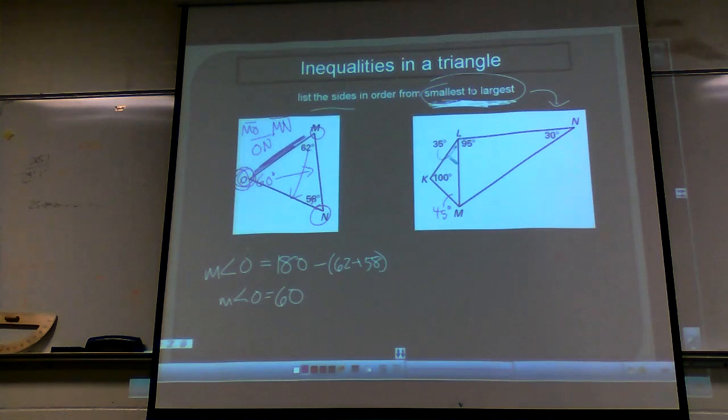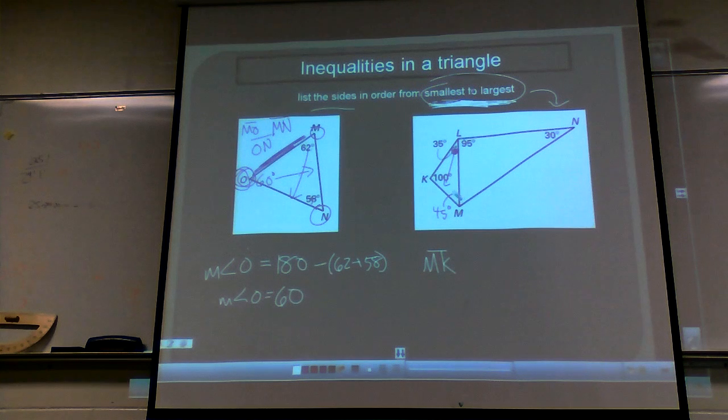Then I would go, okay, this is my smallest angle, correct? So that side is opposite, so I know MK is the smallest side, right? Because it's opposite the smallest angle. And I know it's the smallest side overall because it's the smallest angle in the smallest triangle I'm dealing with there, so it has to be the smallest side.